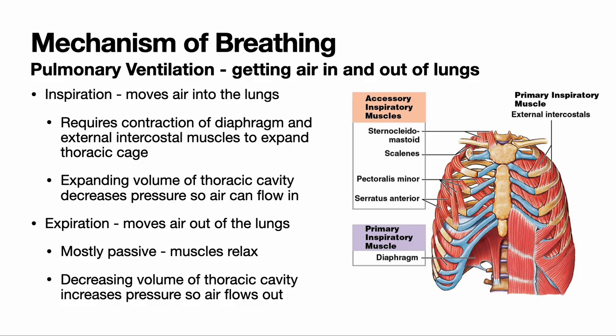So by decreasing the pressure inside the lungs, because we have increased the volume, that allows air to move into the lungs. On the other hand, if we want air to move out of the lungs, we want to increase the pressure inside, and we can do that by decreasing the volume of the thoracic cavity.